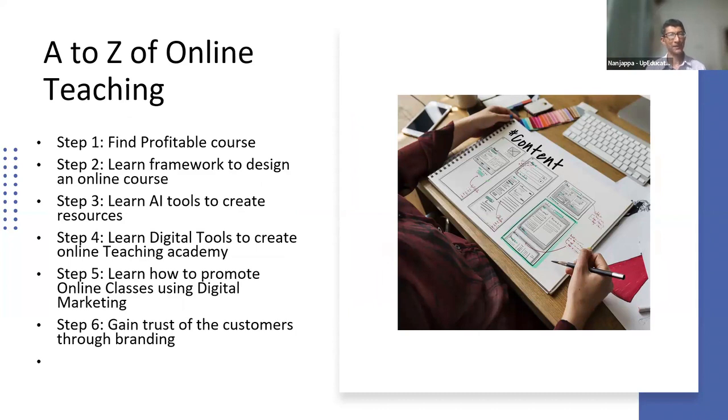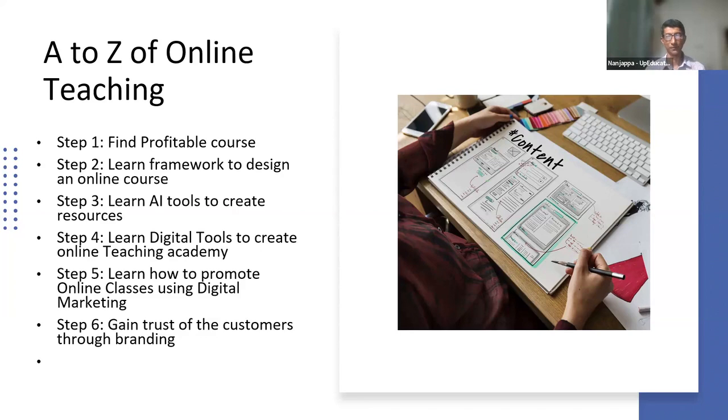Okay. Then once you have zeroed in on the course, this is what I want to start. Then you need to design the framework for the course, the curriculum. Then you will use the tools to develop the resources. It could be presentations that you want to share with the students. It could be the worksheets, the assignments, all that. Now, once that is done, where are you going to put it?